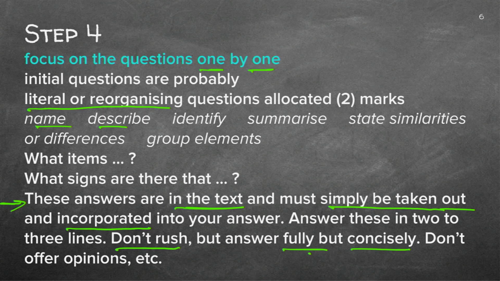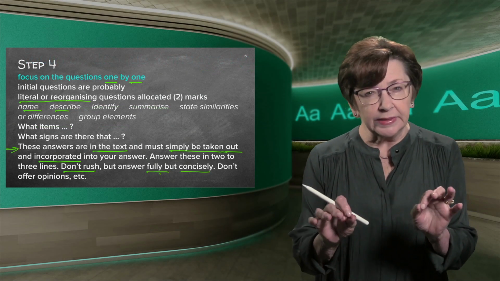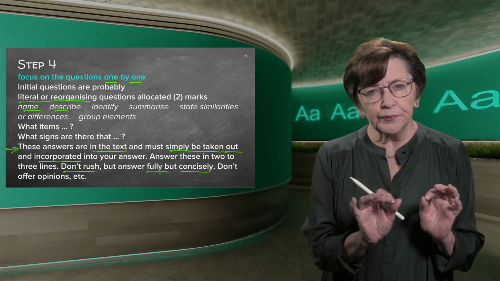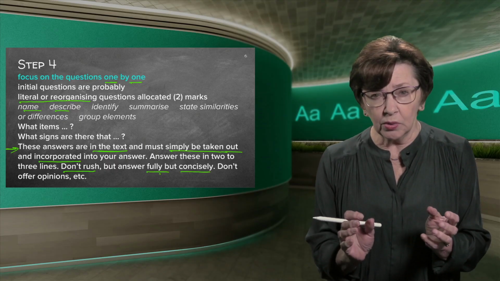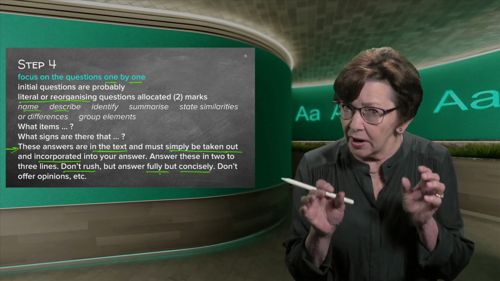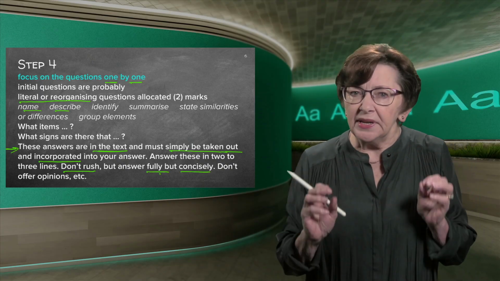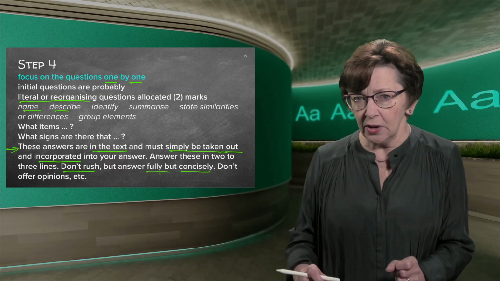concisely. What did I want to say here about that text? Oh yes, about taking from the text. While the 2 mark answers, the literal and the reorganization questions, are usually out of 2 marks and are right there in front of you, be very careful, because you shouldn't just lift the answer from the text.